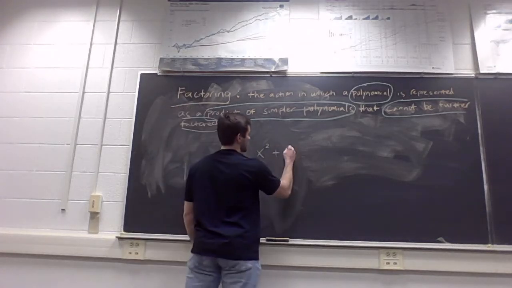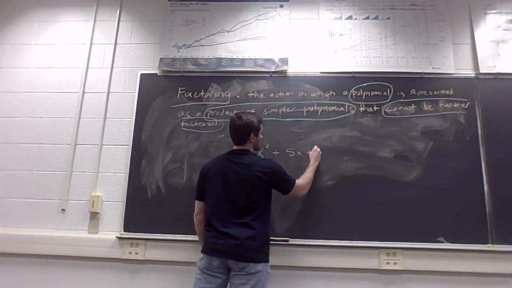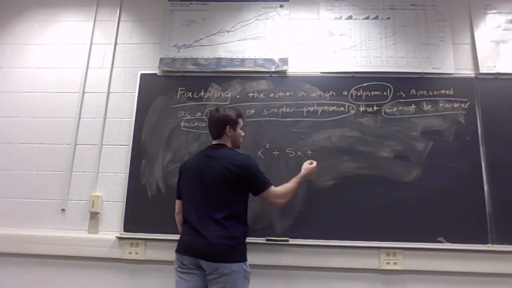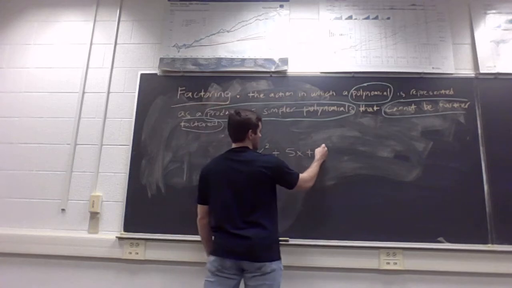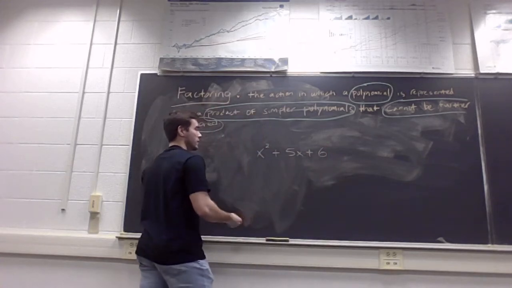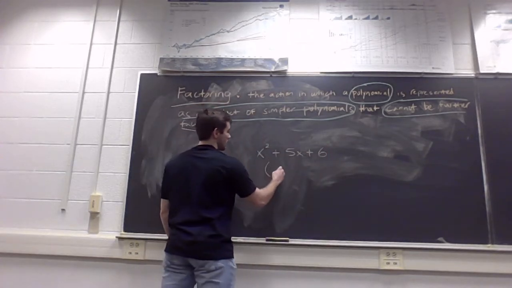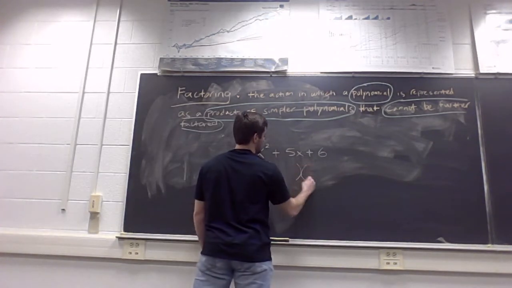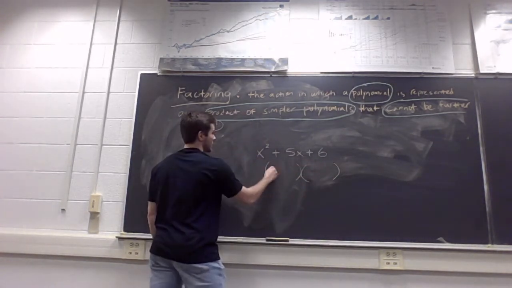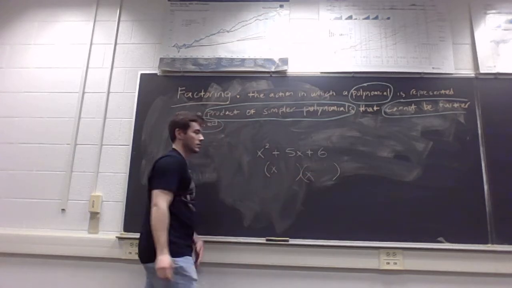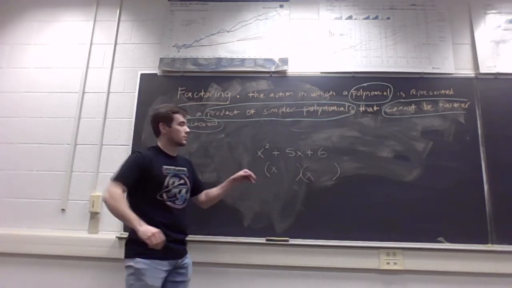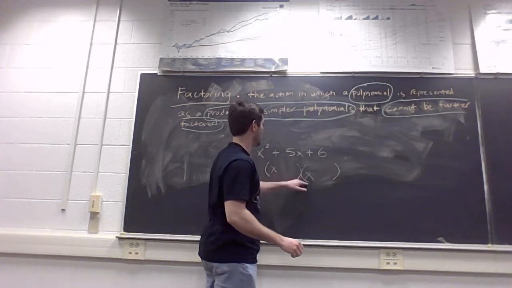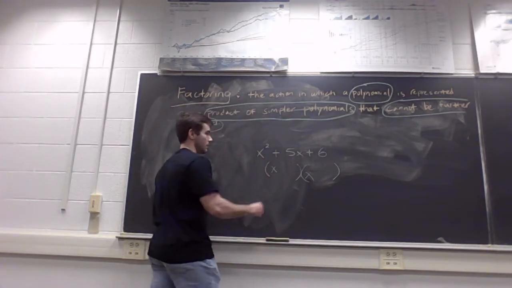Square plus 5x plus 6. Okay, so remember, this is not correct, right? So I'm purposefully doing this incorrectly. Our first step looks correct so far, right? We take our 2 pieces from our quadratic term.